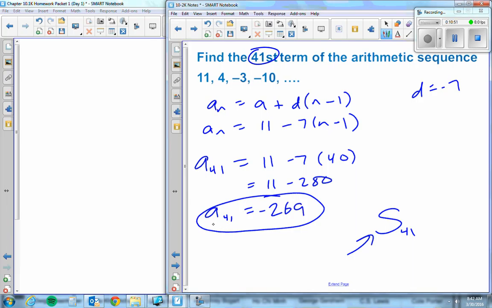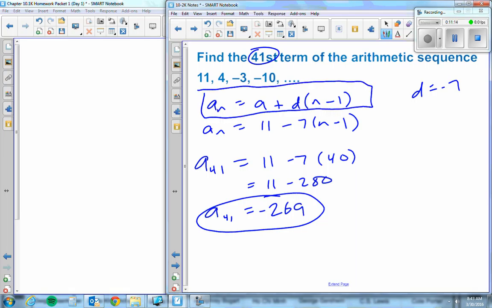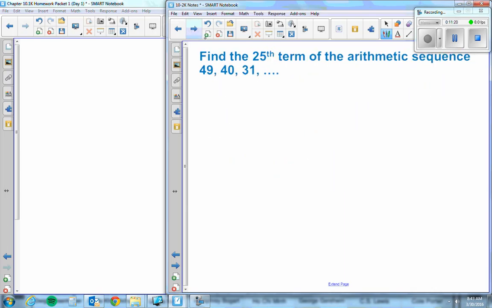The 41st term, that single term, right? And I've had people ask, so does this represent the sum of the 41st term? Which doesn't really make sense to me. It's the sum of the first 41 terms. So it's not hard. I'm just saying, keep the notation straight. Be clear what we're talking about. Keep the formulas straight. And by the way, you need to know these formulas, memorize these formulas. And that's why I stress understanding them, because if you just memorize them, you'll get them all confused. You won't understand your mistakes.